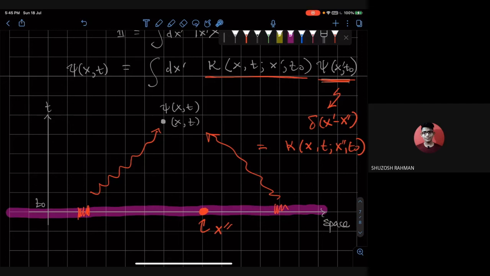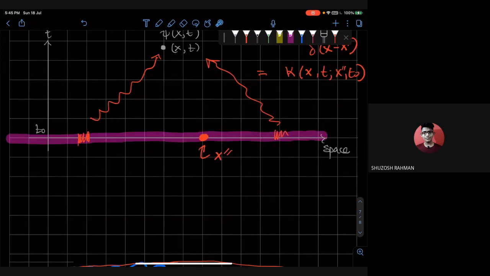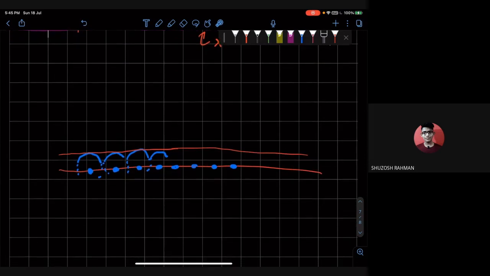Or you can just say that the propagator is essentially what you get if you evolve a delta function in time. These are different perspectives on propagators. They have relationships to differential equations, to the idea of causality, initial conditions, the Cauchy initial value problem, stuff that is going to come up in physics again and again and again.